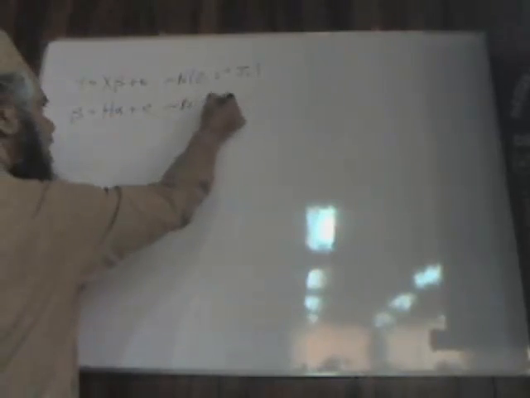Beta equals H alpha plus E, and E is normal with mean 0 and variance T inverse omega.